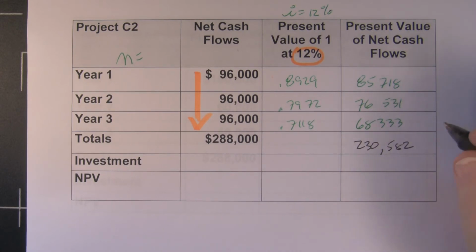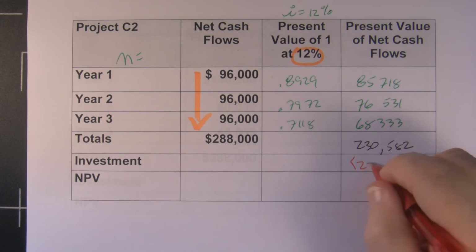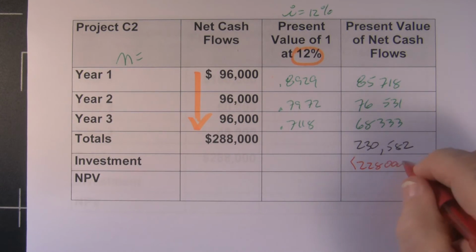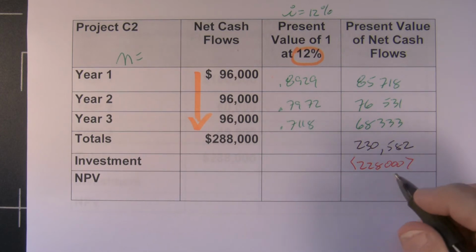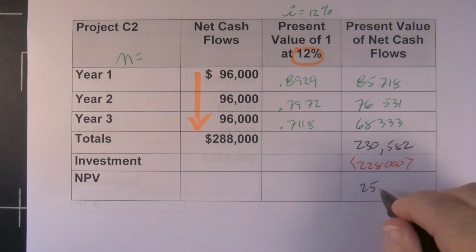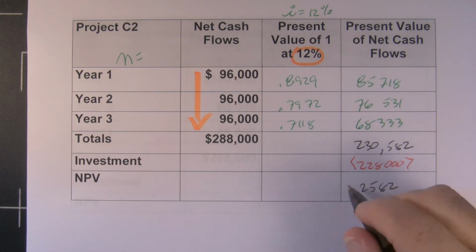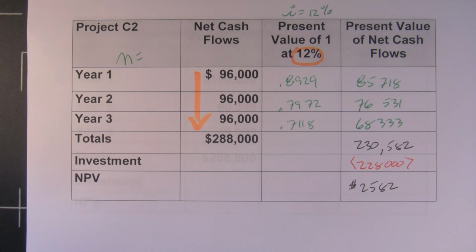Remember, the cost is the same. It's $228,000 for each project. Everything's the same. The only thing that varies here is the way the cash flows come in. And this is $2,582. It has a positive cash flow.